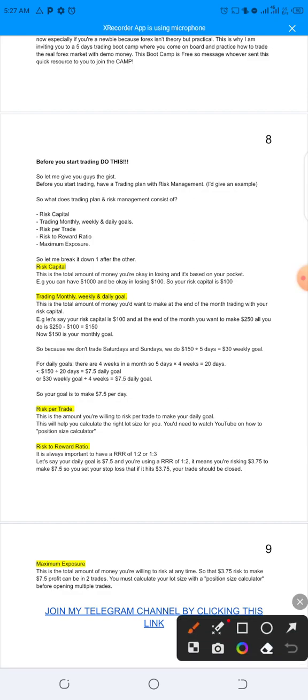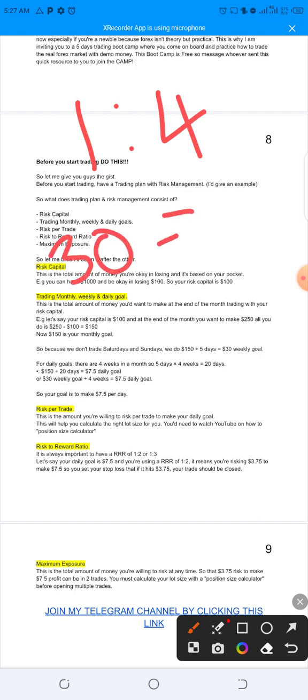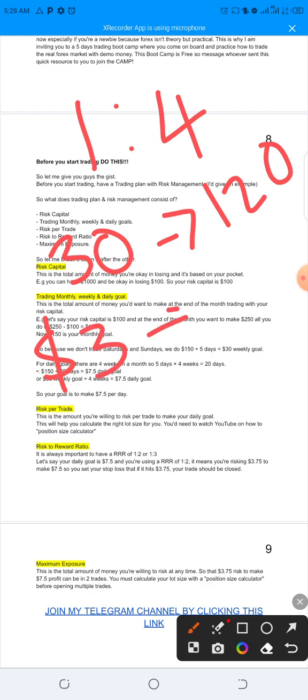So let's say we have a risk to reward ratio of 1 to 4, and here we are risking 30 pips. That means 1 to 4 will be 120 pips. So you are risking $3 to make $12.